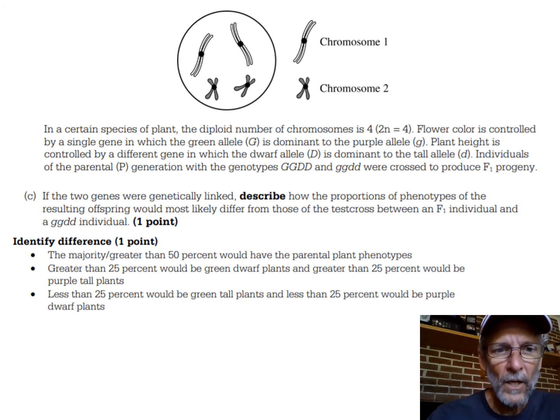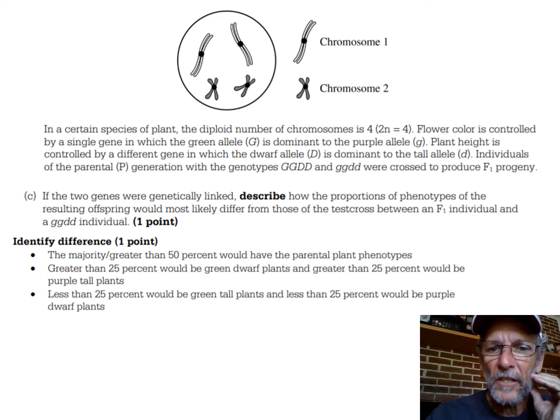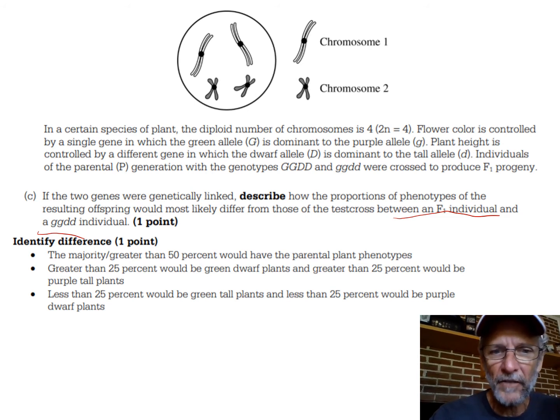Okay, so here we go with this one. If now these 2 genes are linked, they're on the same chromosome, how would they differ from that 25, 25, 25, 25% that you just showed with that test cross of F1 and that homozygous recessive individual?